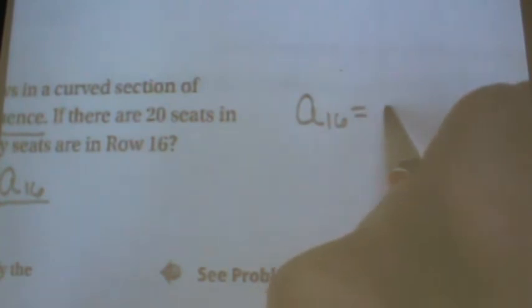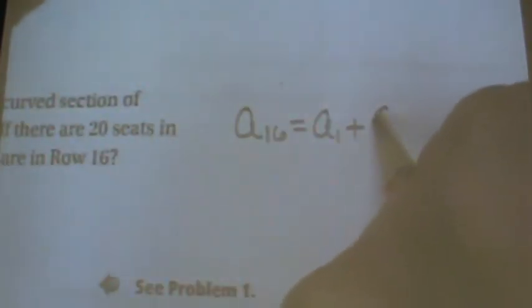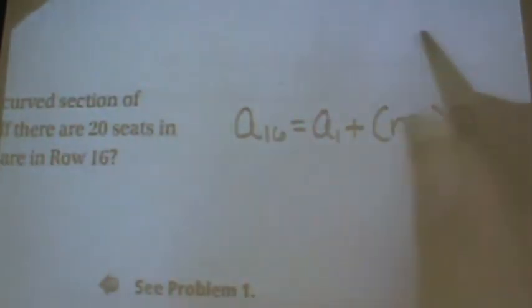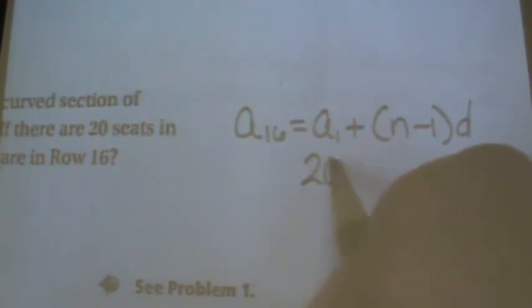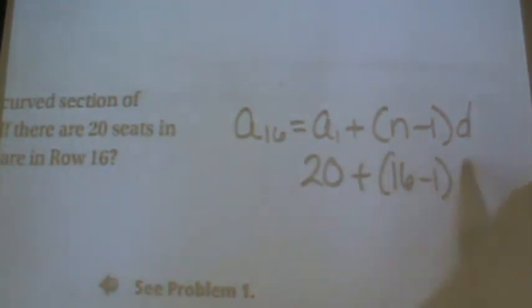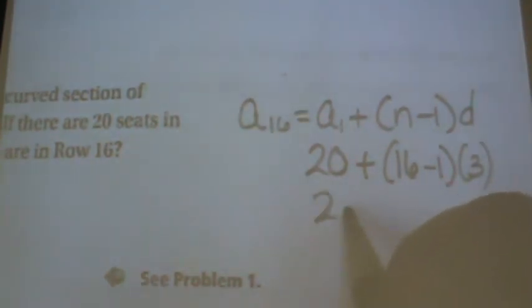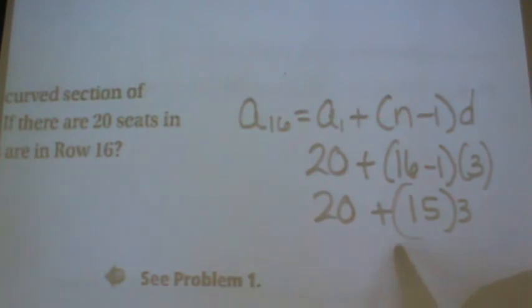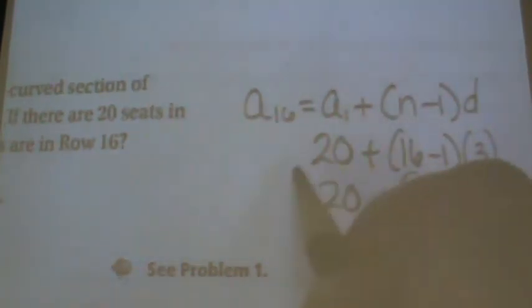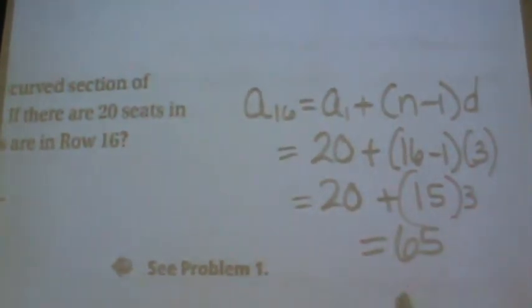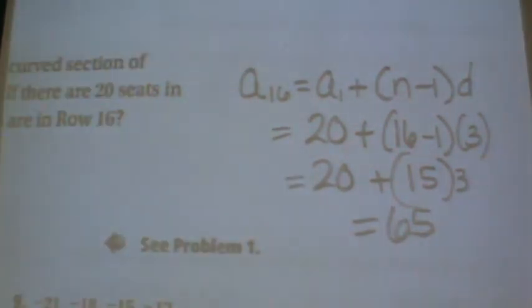What would you do? Anyone? It would be 65. Yep. Thank you very much. 65 seats are in row 16.